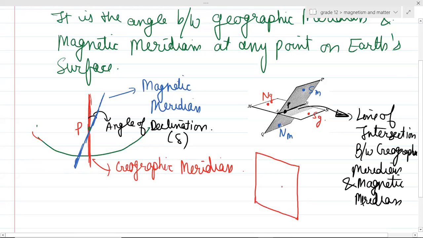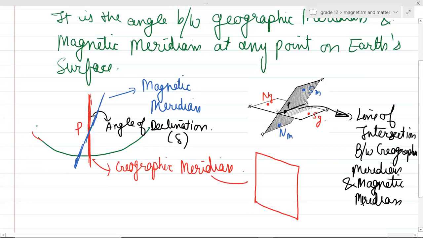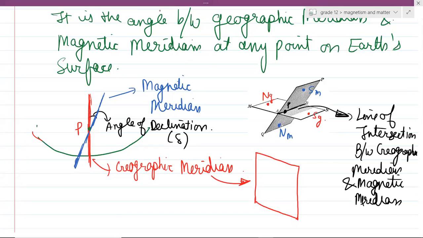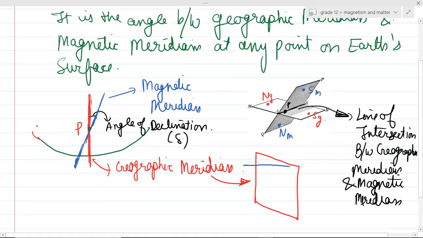This is basically your geographic meridian. And if I have one more, then this will be your magnetic meridian.